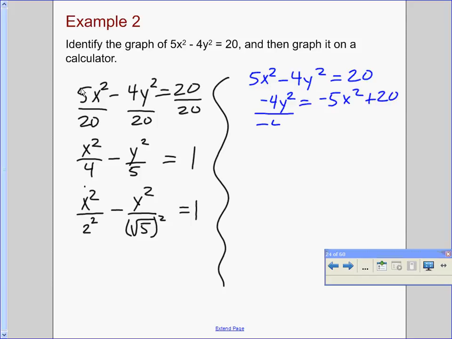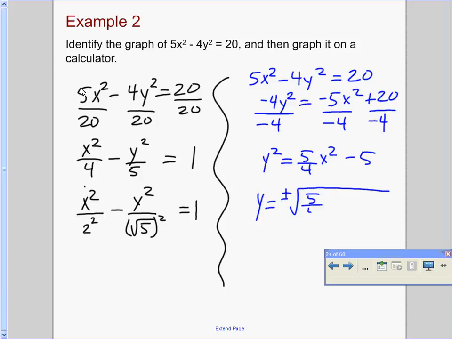I'm going to divide everything by negative 4. And when I do that, I end up with y squared is equal to 5/4 x squared minus 5. And then I take the square root of both sides, plus or minus the square root of 5/4 x squared minus 5.